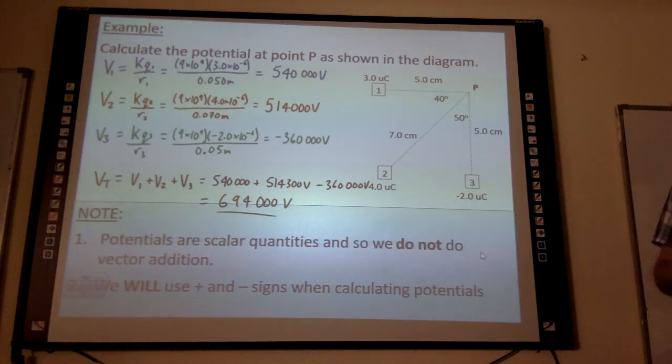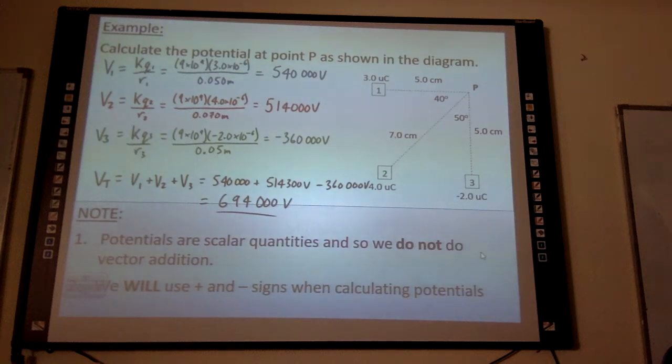Because your distances are different, that wouldn't work. So when you come to the test and need to figure out which one is which, you need to be thinking about whether this is a vector or a scalar. Vectors, no signs.